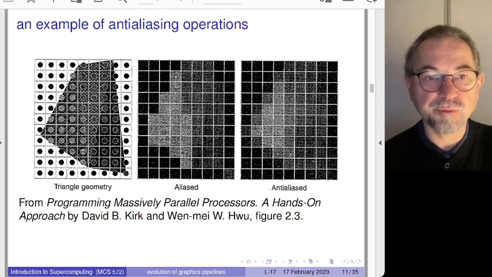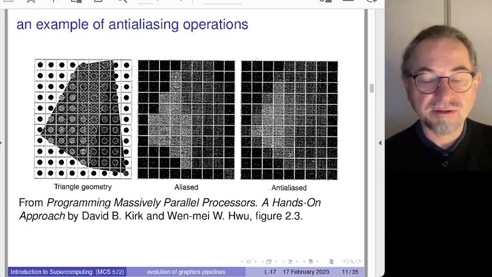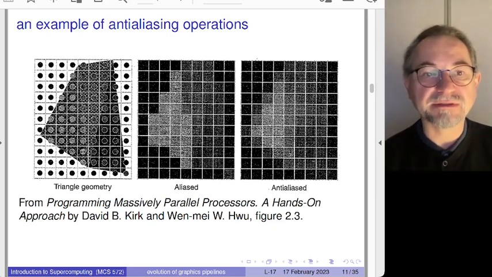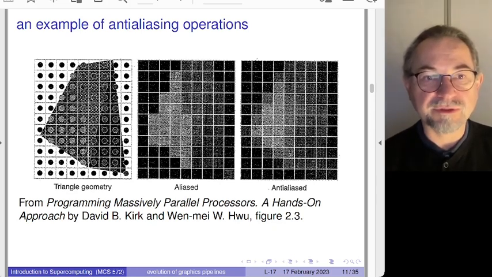All right, so this picture illustrates a little bit the terminology. So we have the triangles, and the triangles are covering pixel areas. So one decides then what is the color of every pixel inside and outside the triangles. So the triangle geometry is what is explained at the left side.